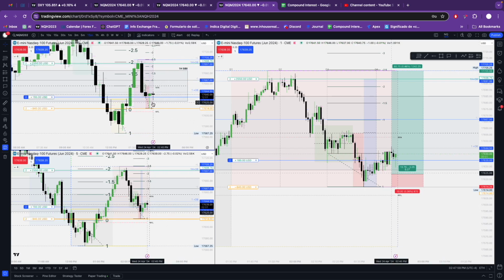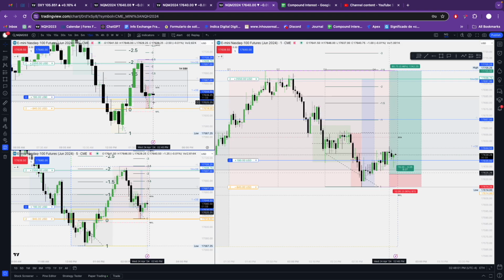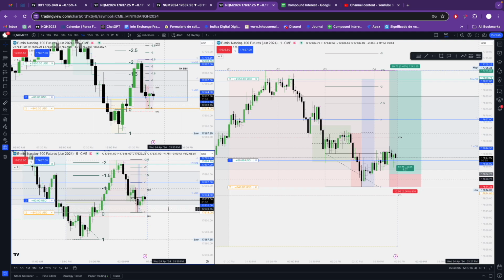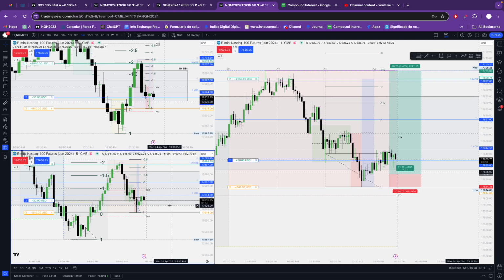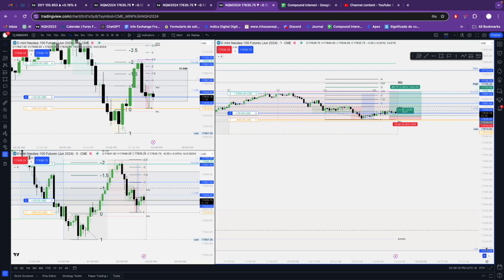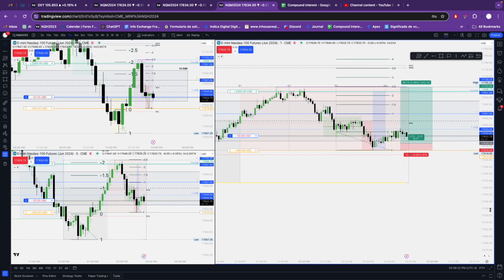Consequent encroachment of this 15 wick here. That's nice.